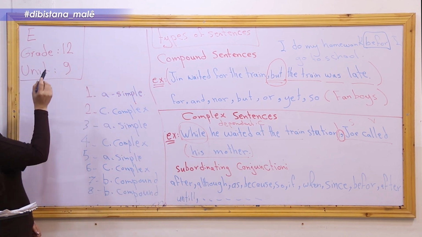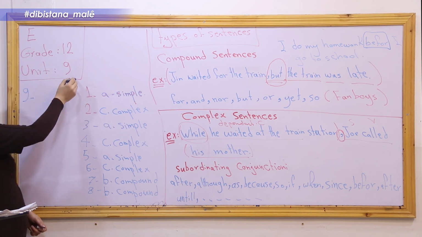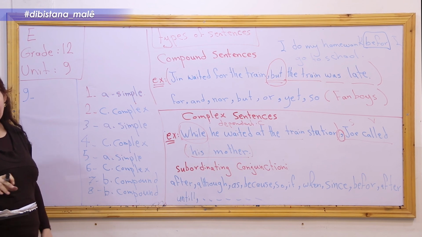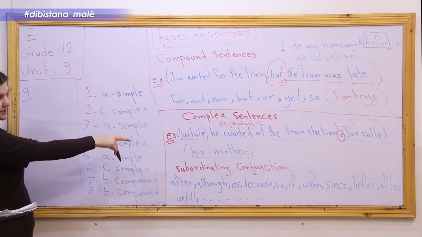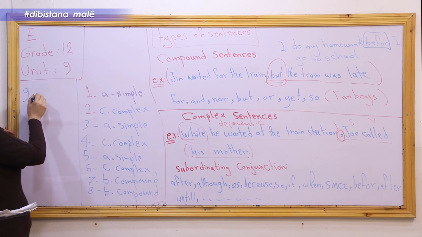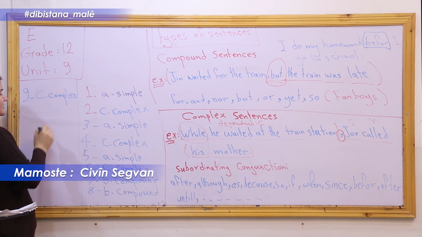We have the last one, number 9. If I want to get a good grade, I'll have to study more. If is a subordinating conjunction, so it's a complex sentence. C, complex.